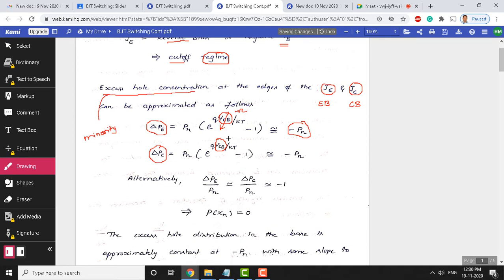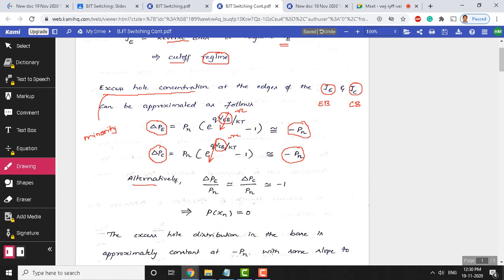Again, this VCB value is negative for reverse bias, so this exponential term will be negligible and becomes 0. So the value of delta Pc becomes equal to minus Pn. We just want to show that at the emitter-base junction and the collector-base junction, the excess hole concentrations delta P and delta Pc both become equal to minus Pn.